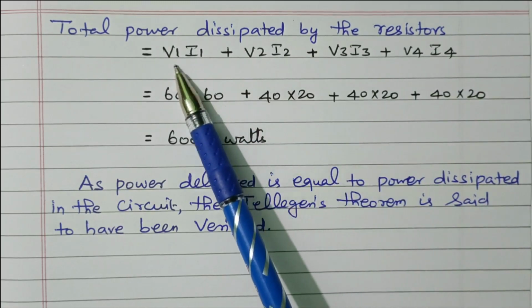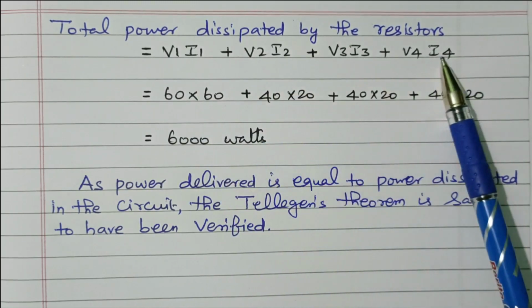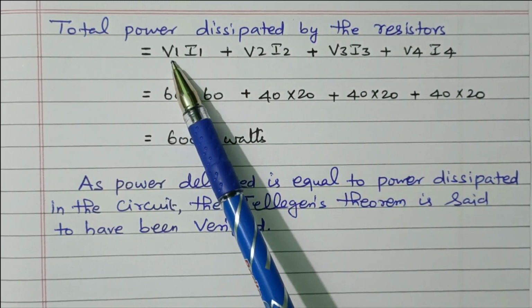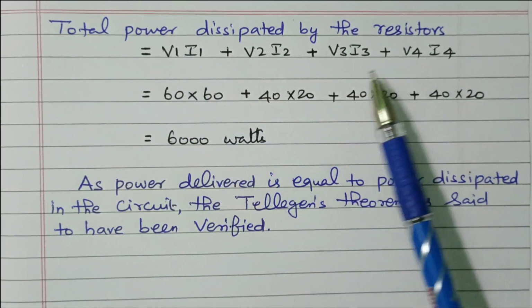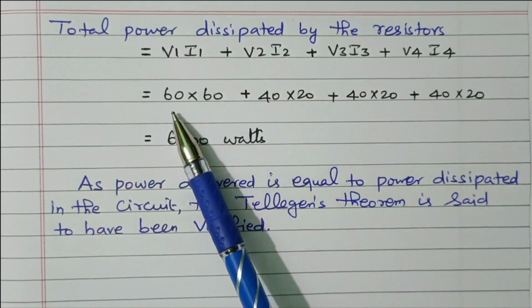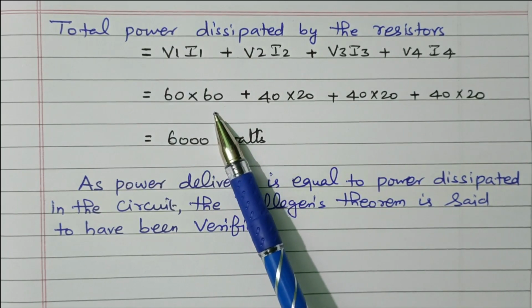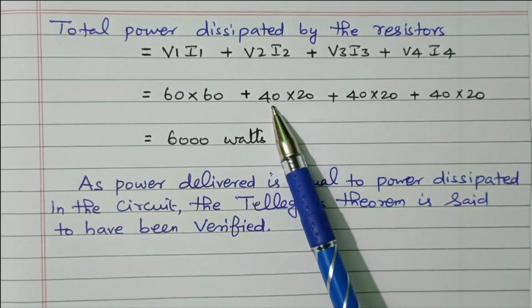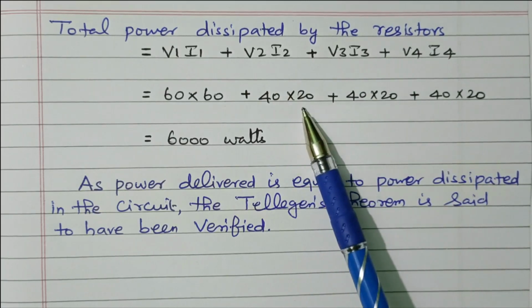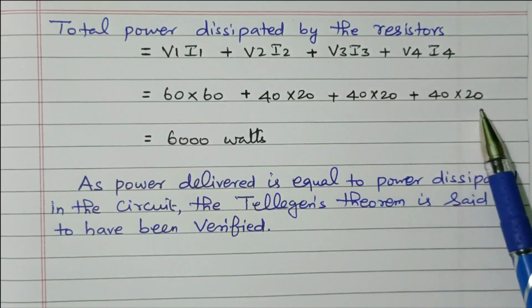This is the first resistor connected. Then these 3 resistors R2, R3, R4 are connected in parallel. So we know the values of V1, V2, V3, V4 as well as I1, I2, I3, I4. V1 is 60 volts. I1 is 60 ampere. V2 is 40 volts. And V3, V4 also 40 volts. Similarly, I2 is 20 ampere. I3, I4 also 20 ampere.